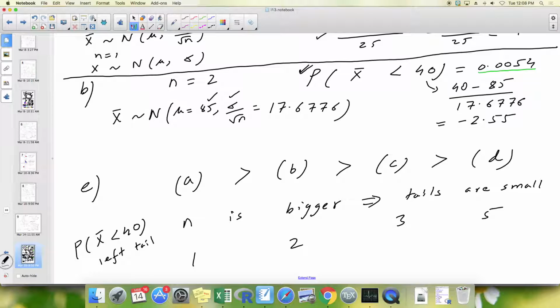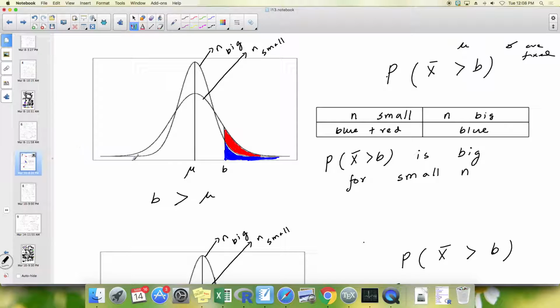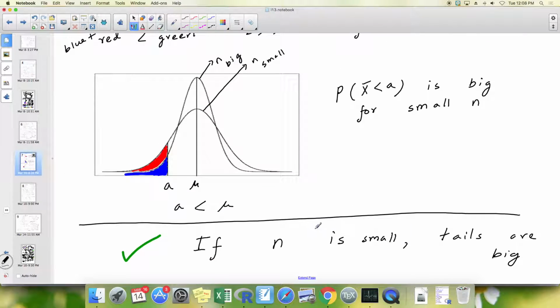What have we learned about what happens to tails? If n is small, tails are big.